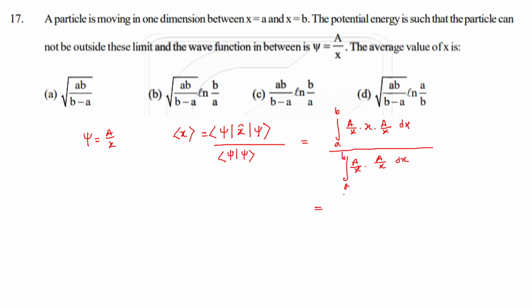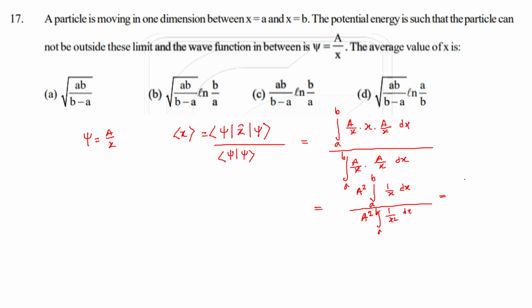So in the numerator we have a to b, a square outside, 1 over x dx. Here also we have a square outside, a to b, 1 by x square dx. The a squares are cancelled out.